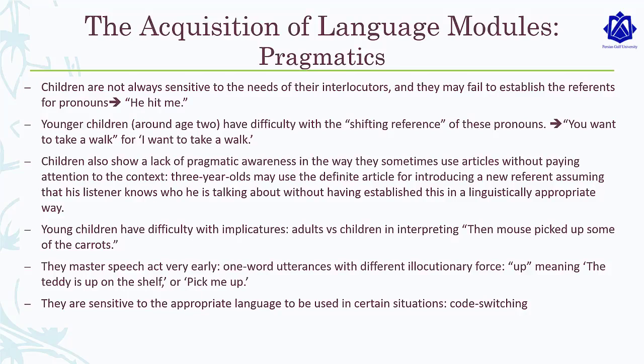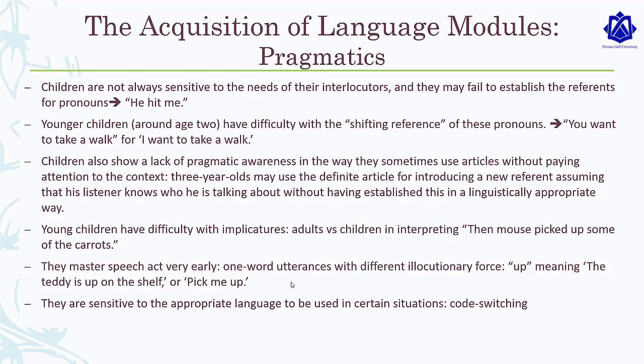However, children would use that for introducing new reference. And again, like the way they use pronouns, they assume that the listener knows what they are talking about. However, they have not established it in a linguistically appropriate way, the way they have not established the referent of the pronoun.